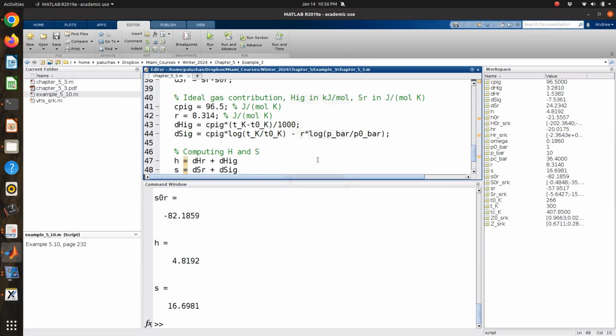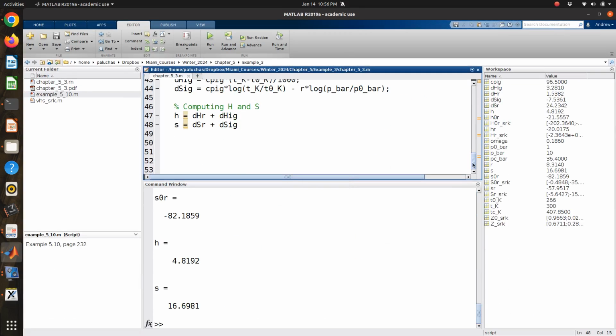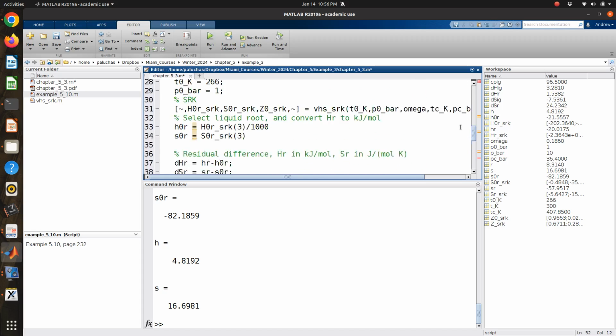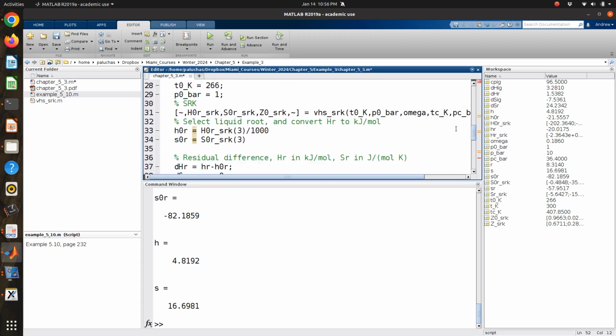All right, so if I go back over to my code then, what I'm going to have for part C, let me just call it HC for part C, is going to be DH ideal gas plus, now it's just what I call HR from A, plus HR.